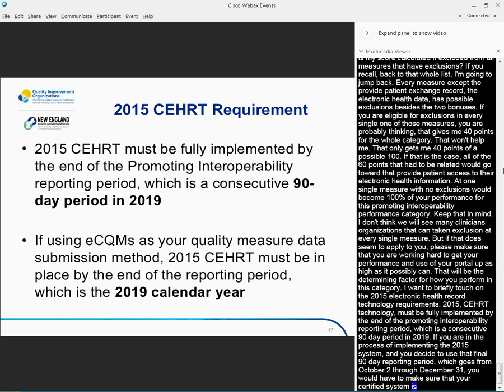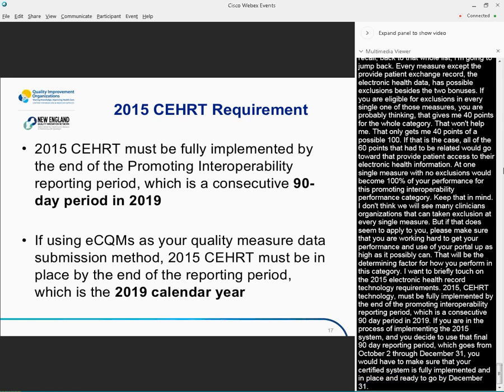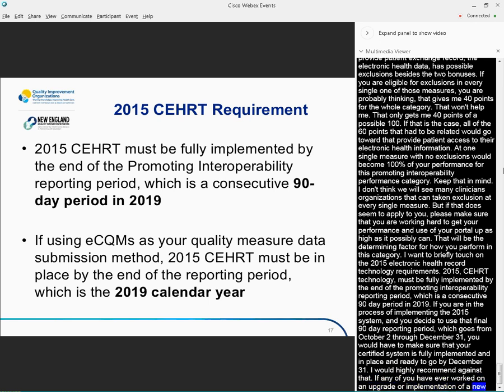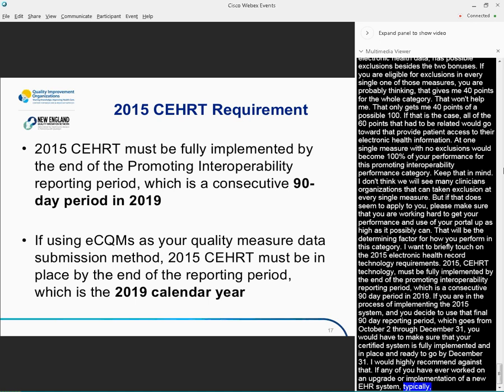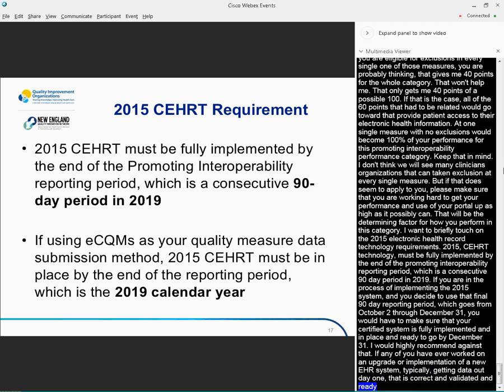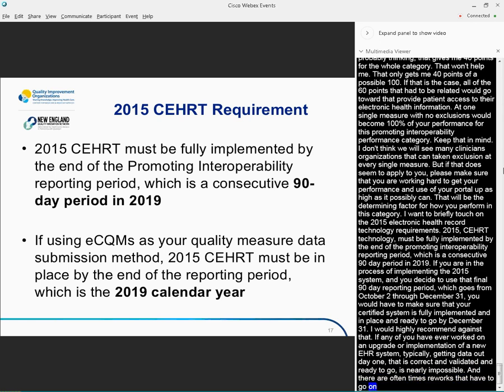Now, I would highly recommend against that, because if any of you out there have ever worked on an upgrade or implementation of a new EHR system, typically getting data out day one that's correct and validated and ready to go is nearly impossible. And there's oftentimes a lot of rework that has to go on in terms of getting all your reports to match and pulling the data and so on and so forth.